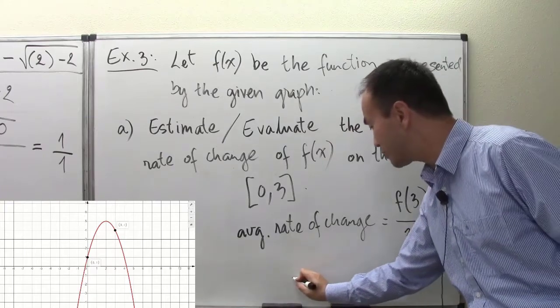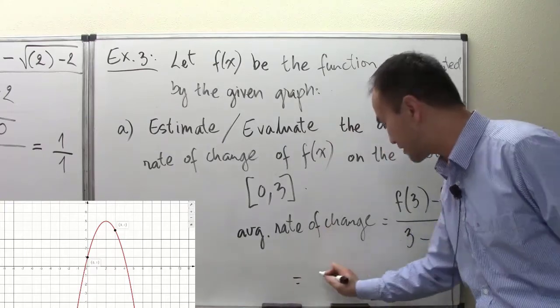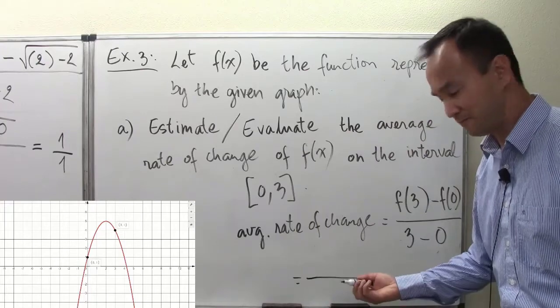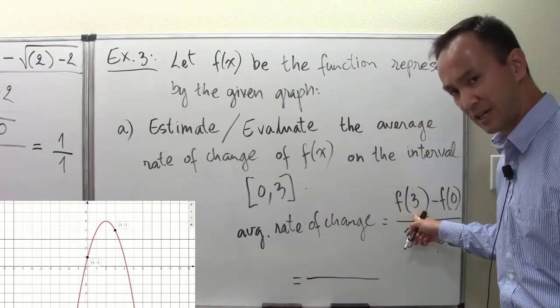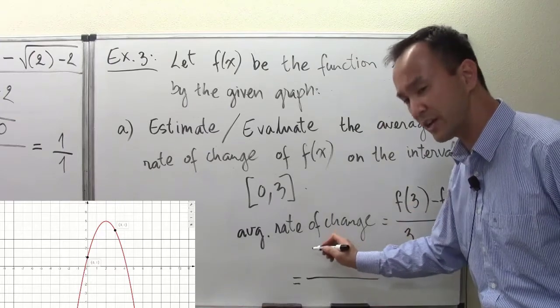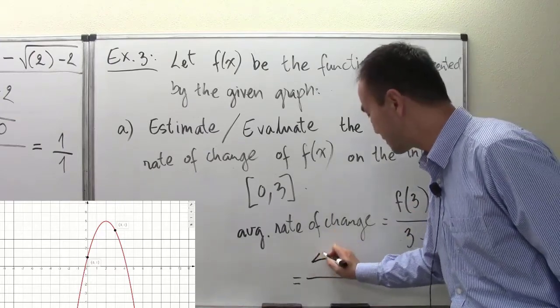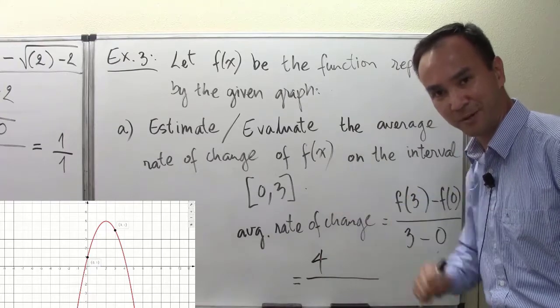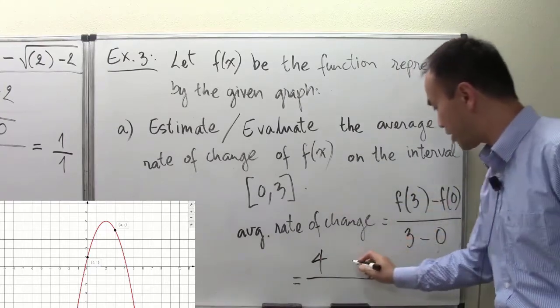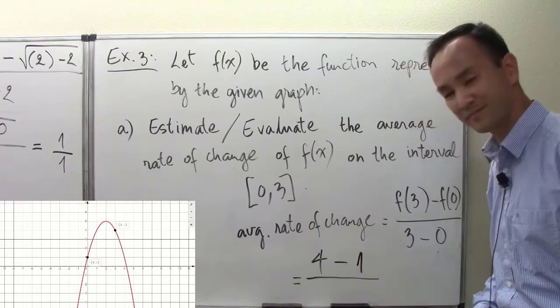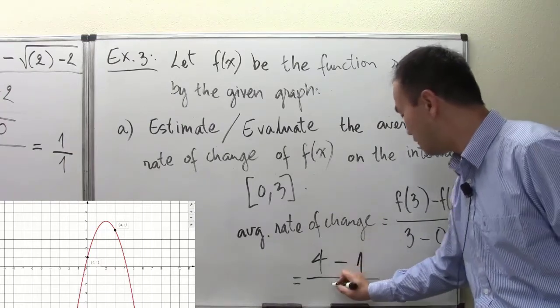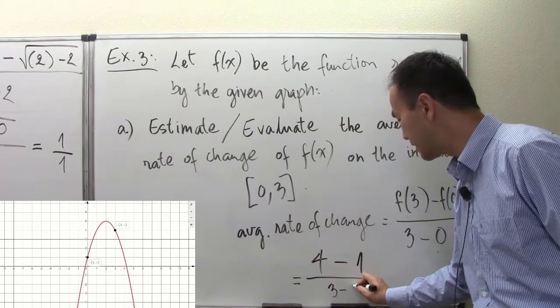According to the graph, in a full screen view, f of 3 is estimated to be about 4, and f of 0 was estimated to be about 1. So 4 minus 1 over 3 minus 0.